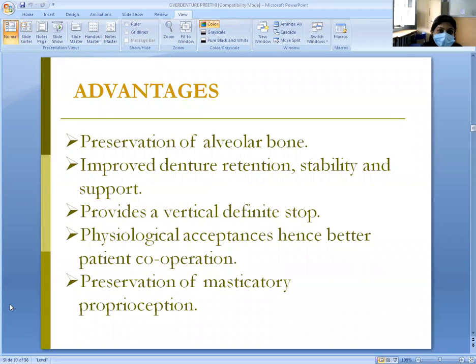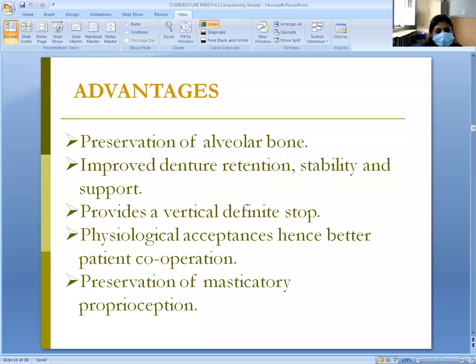If you use an attachment, its cost is added to the conventional denture cost, and the maintenance and regular dental office visits cost is also added. So if the patient cannot afford it, you cannot give the overdenture.